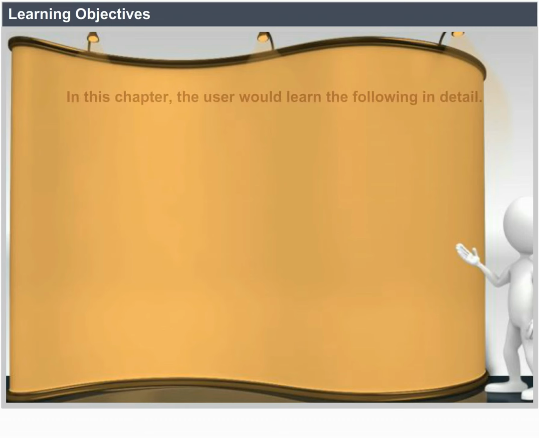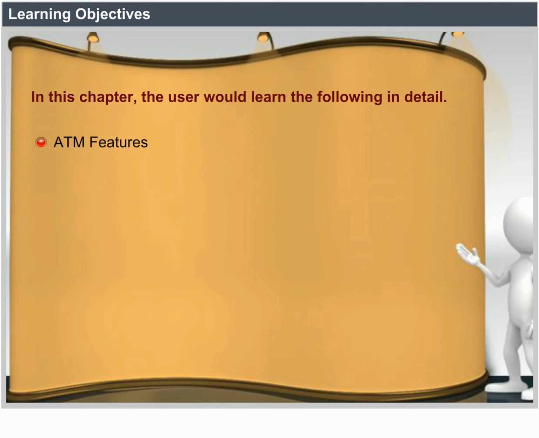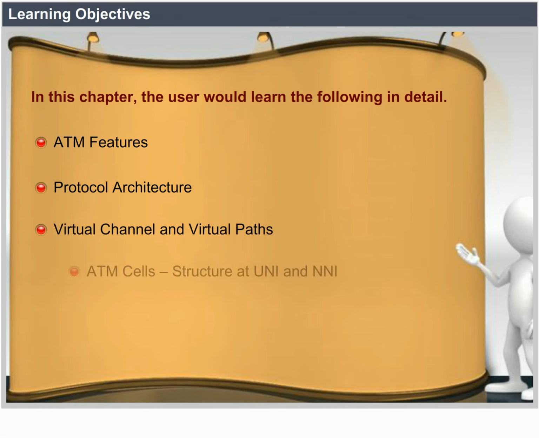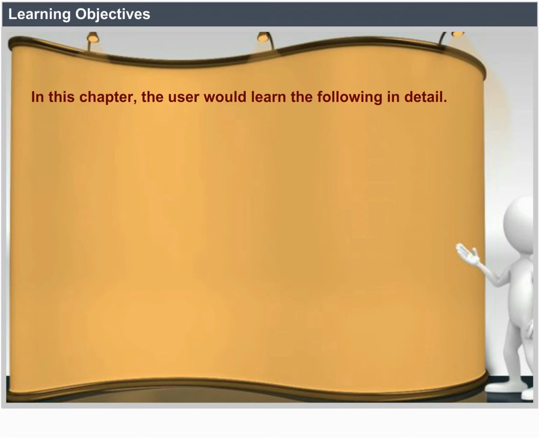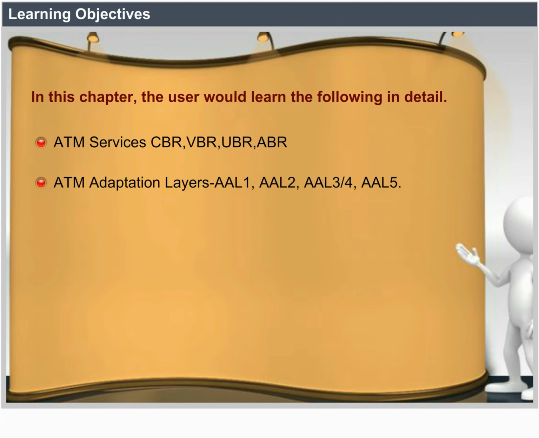Learning objectives. In this chapter, the user would learn the following in detail: ATM features, protocol architecture, virtual channel and virtual paths, ATM cells, structures at UNI and NNI, generic flow control, header error control, ATM services, CBR, VBR, UBR, ABR, ATM adaptation layers, AAL1, AAL2, AAL3, 4, AAL5.